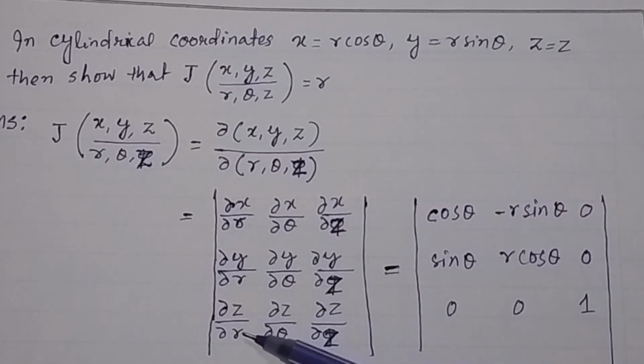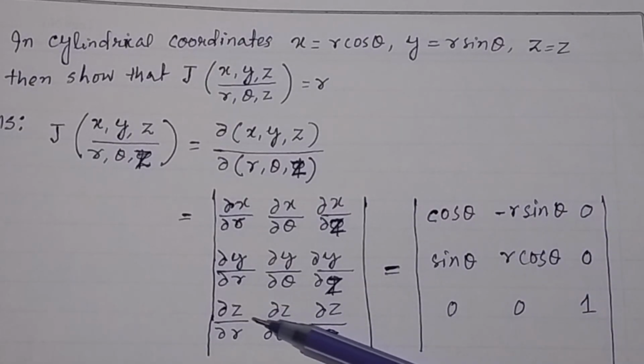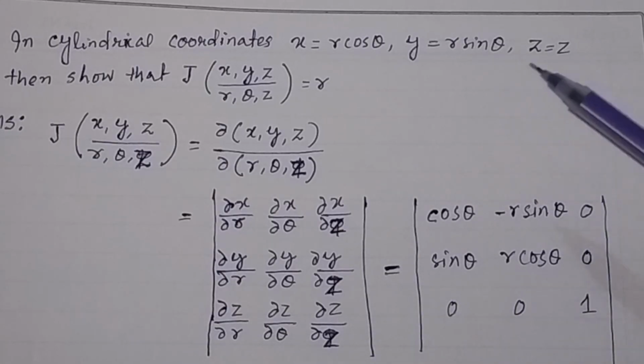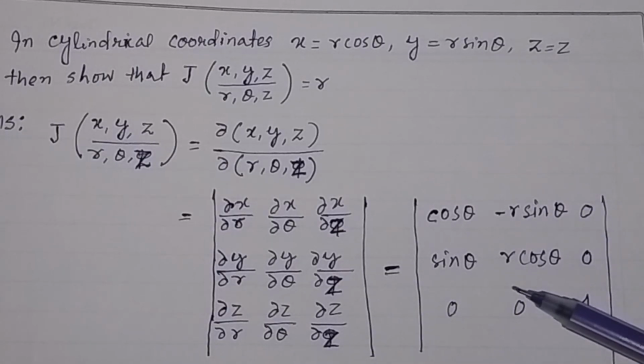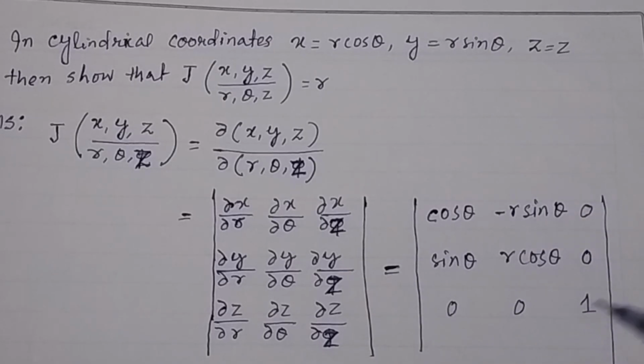Partial derivative of z with respect to r, z equal to z, is 0, partial derivative of z with respect to theta is equal to 0, and partial derivative of z with respect to z is equal to 1.